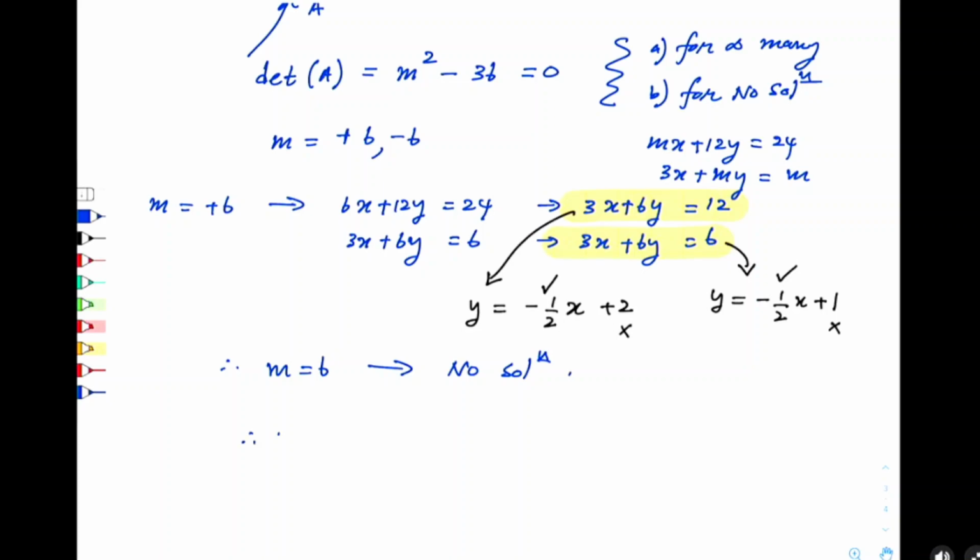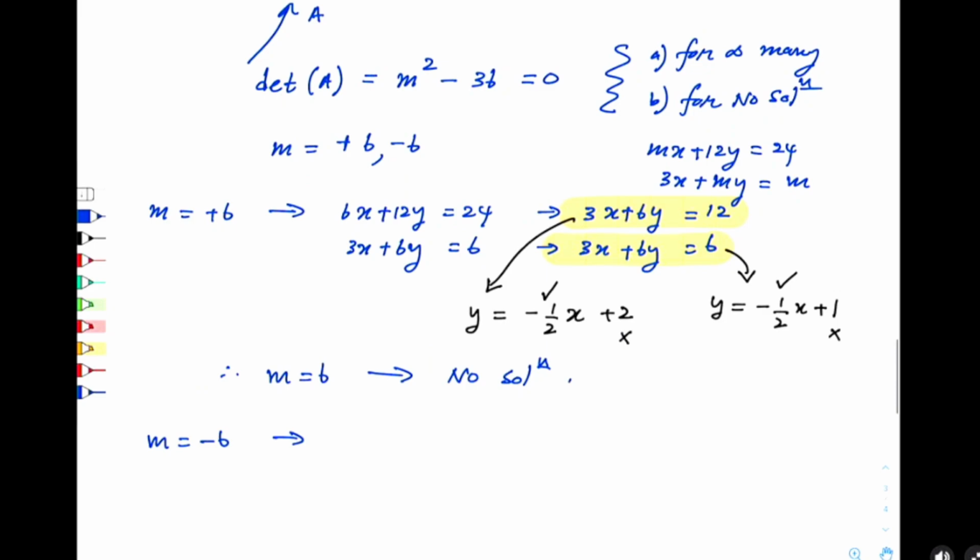So now m is equal to the next one. Next one also you have to check: minus 6. If it is minus 6, how does it look? Minus 6x plus 12y is equal to 24, and 3x minus 6y is equal to minus 6.